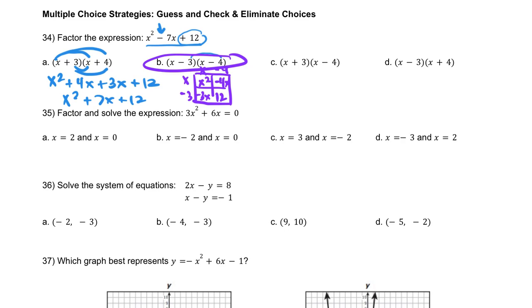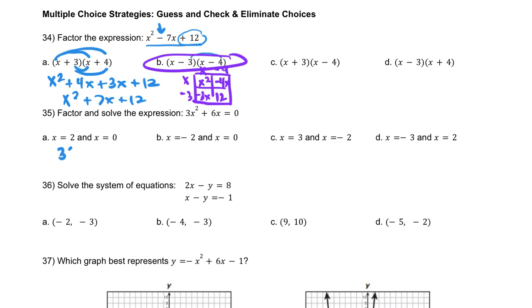The same thing can work when we're solving equations. Just remember that if I'm given two choices, they both have to satisfy this. So what this might look like if I wasn't familiar or forgot how to factor, like I said, you're blanking out: don't leave it blank and don't just guess. Use what you know.